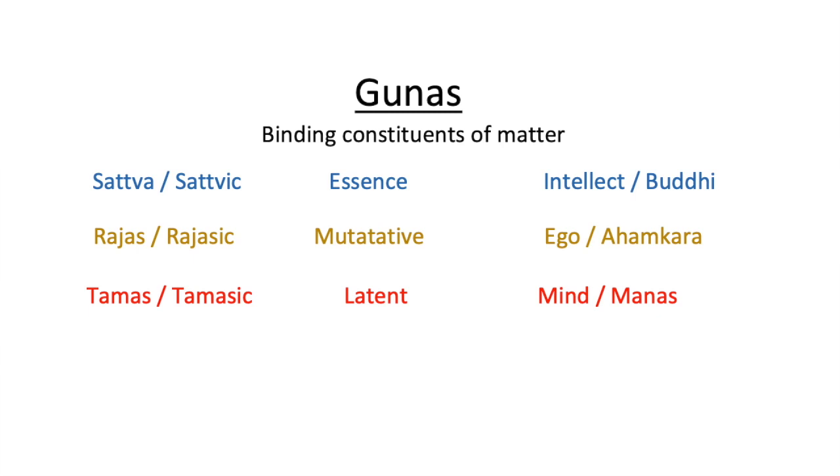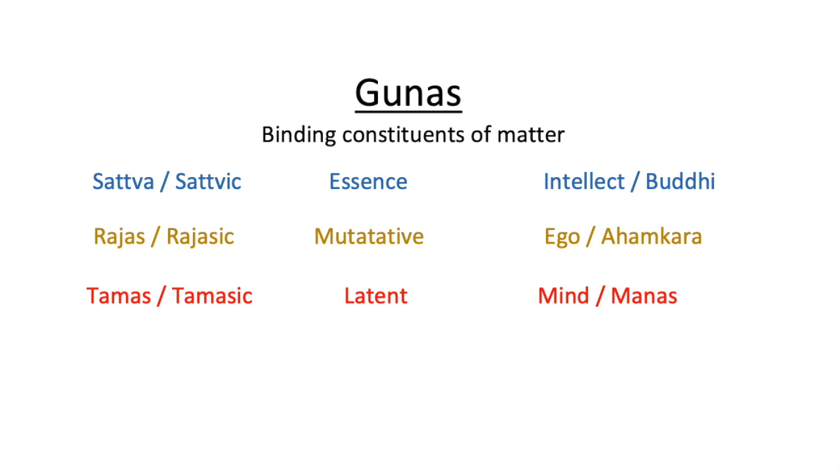And the sattvic aspect, the intellect, is our internal reflection. We reflect on the higher powers, the higher thoughts, to be able to analyze, to be able to think. And after we think, we say, okay, I am thinking, that's the ego. And when we're done thinking, we store all that information in the mind. So the three gunas: mind, ego, and intellect.